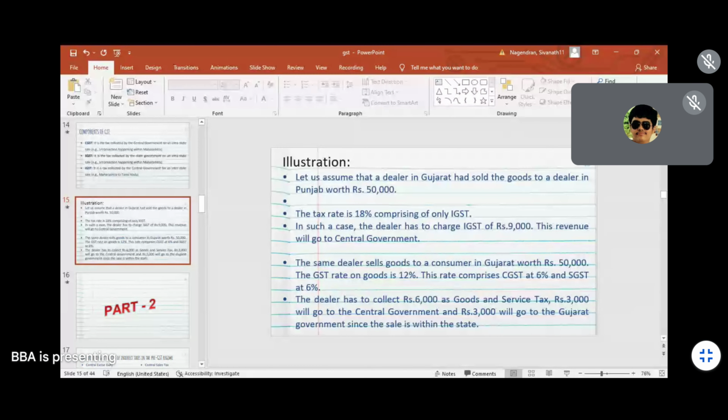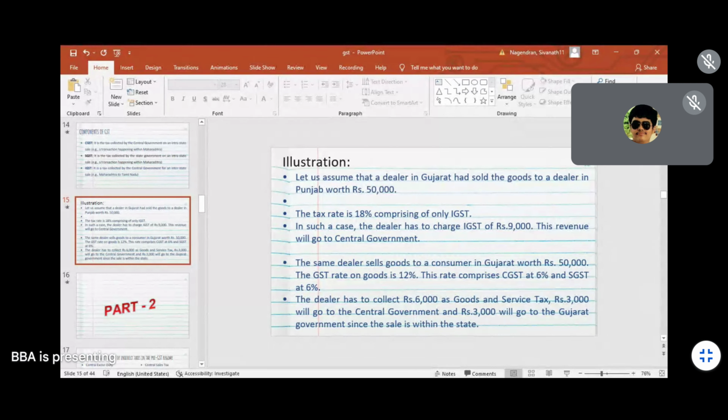As the product is moving from one state to another state, the IGST rate is 18% for the particular product. So from the 50,000 rupees, 18% is GST, so 9,000 is IGST.